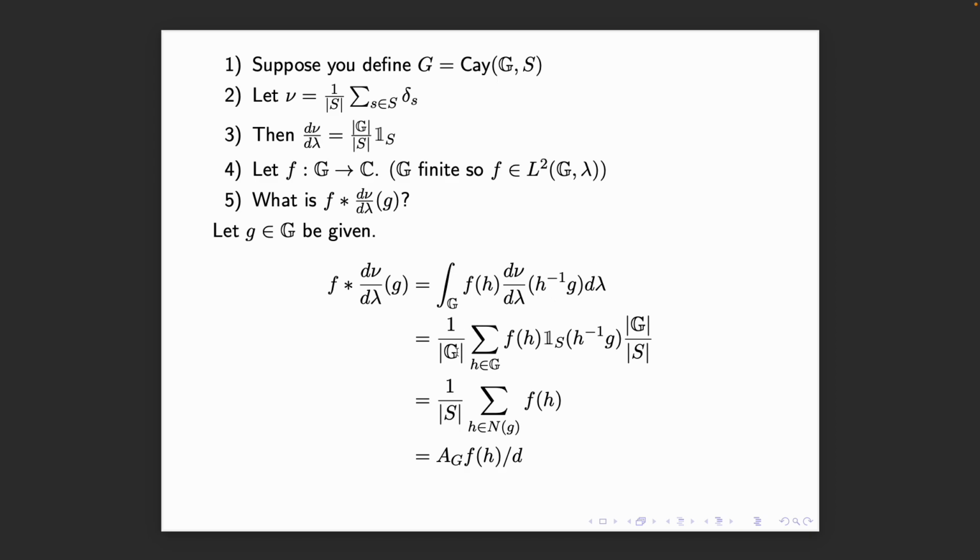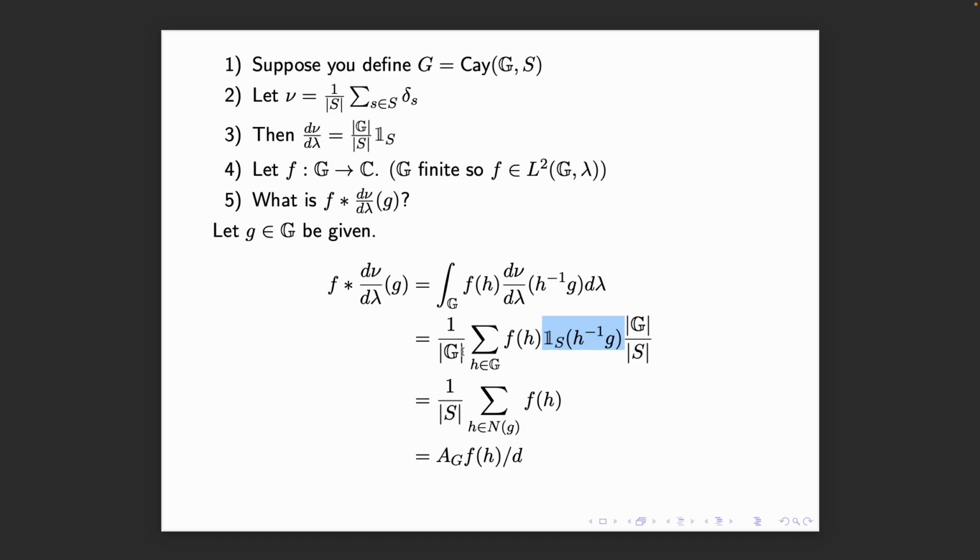This is equal to 1 over the number of elements in G, times the sum over the elements h of G, of f of h times the characteristic function of S of h inverse g times the size of G over the size of S. What is this? This is saying, oh, h and g are connected in the Cayley graph, right? Because remember, elements are connected if when you multiply one of the inverses by the other, you end up in the generating set.